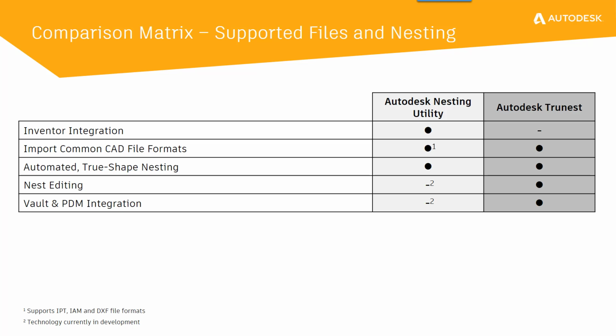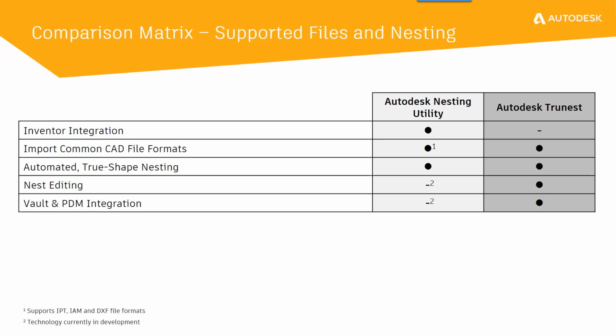Both solutions come with the ability to import common CAD files. In the nesting utility's situation, it enables you to work with IPT, IAM, DXF, and DWG file formats. Autodesk TrueNest even comes with a broader range of capabilities in being able to bring in typical CAD geometry and formats. It comes with automated TrueShape nesting technology.